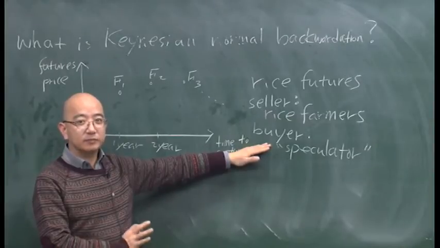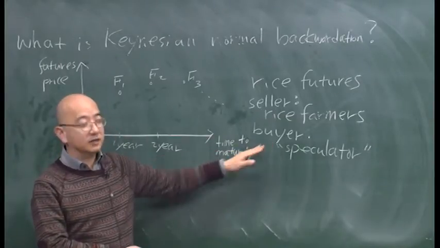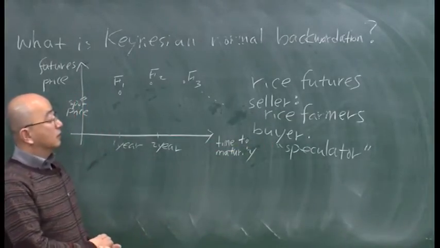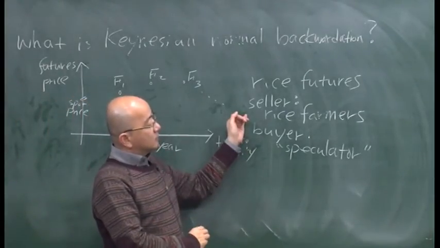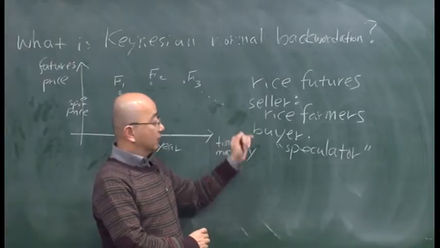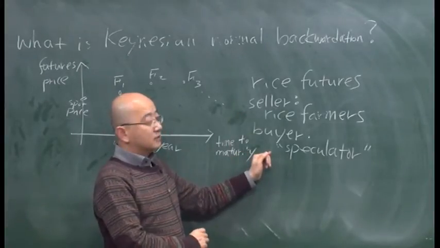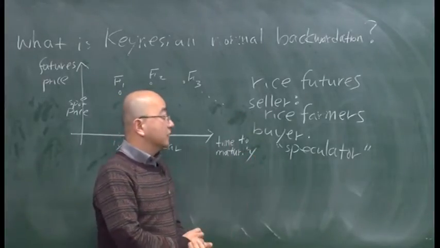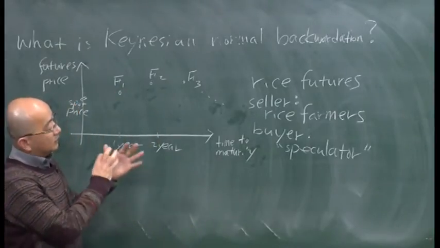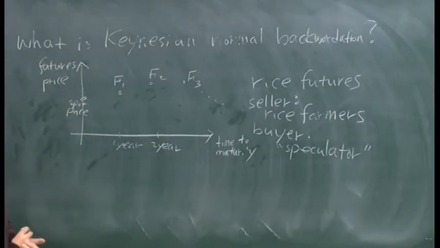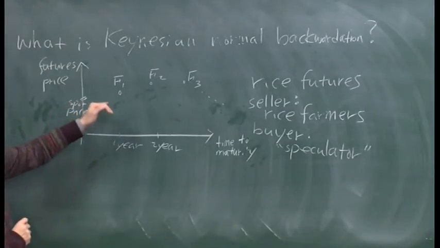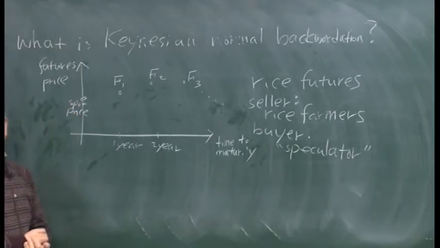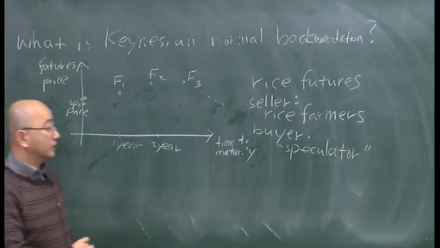If they do not see a profit opportunity, they will not participate in this market. So the equilibrium situation is that rice farmers expect to lose a bit, speculators expect to earn a bit. For that situation, the relationship between the spot price and futures price should be in a particular direction.